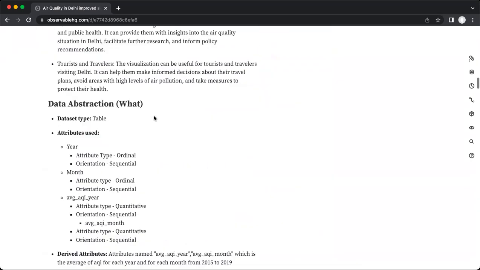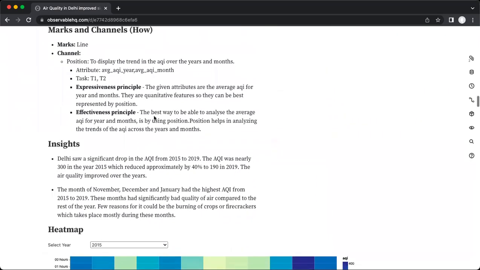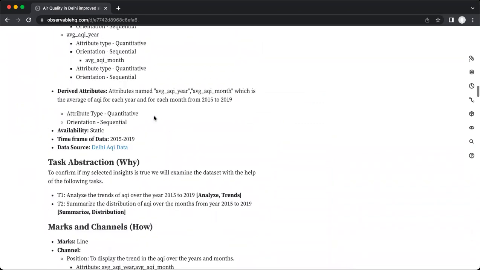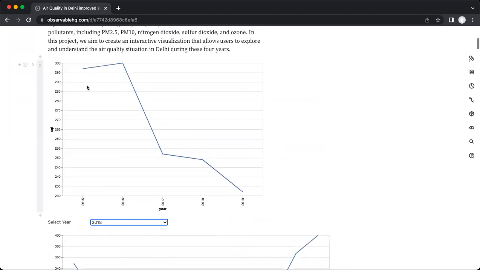My first insight is that Delhi saw a significant drop in the AQI from 2015 to 2019, which contradicts what I was assuming. It means that air quality in Delhi has improved significantly over the last four years, because many measures have been taken by the government of Delhi.